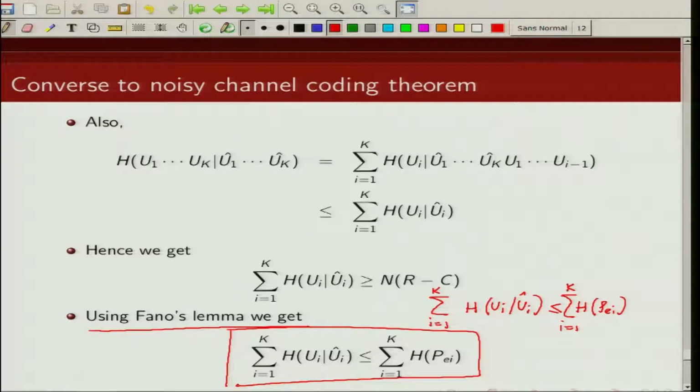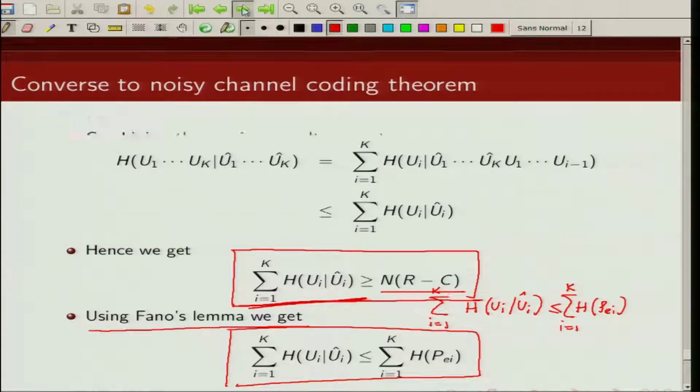And from what we proved earlier, this term is greater than or equal to n times (R minus C). In other words, this particular term is lower bounded by n times (R minus C).